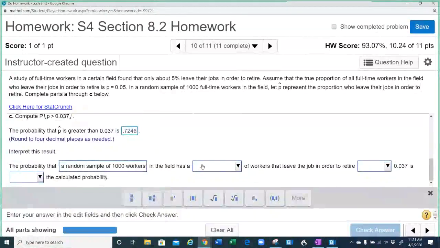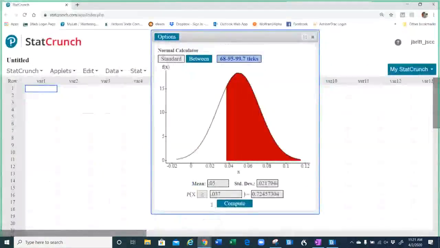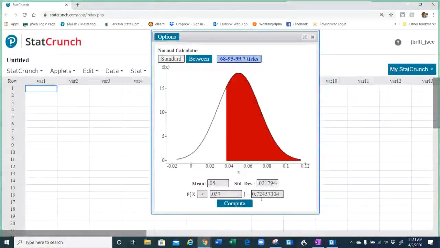And the proportion is greater than, is equal to the calculated probability. 0.037, did we do 0.037? 0.7246.